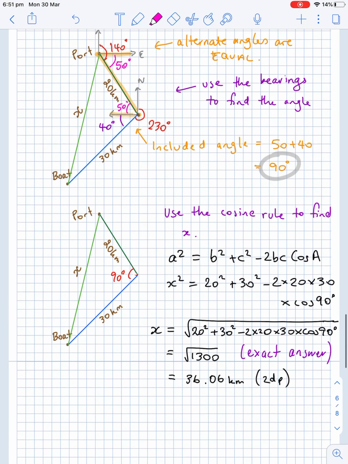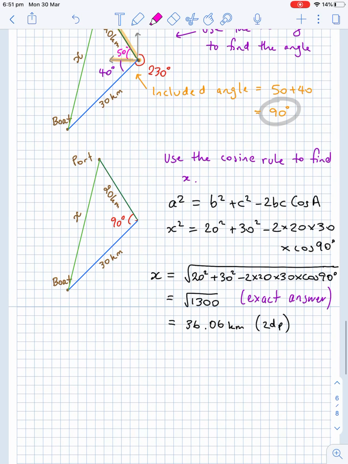Okay, so now that we know this angle is 90, we can use the cosine rule to figure it out, because we've got one pair and we know two other side lengths. So using the cosine rule, we set up our formula. Our A and our little a are our pair that we've got here. So we want our a squared changing to an x squared. If that's not happening, then there's a problem, it won't work. And our b and our c are our 20 and our 30.